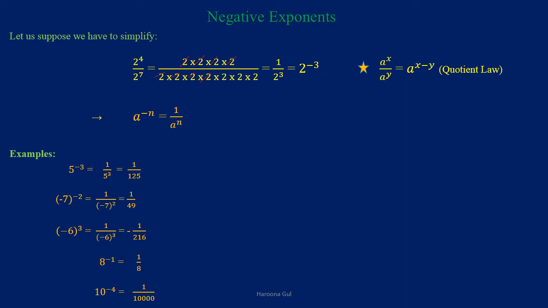Since the base has an even exponent, the base will become positive when we simplify the expression. And -6 whole raised to the power minus 3 is equal to 1 over -6 whole cubed, which is equal to 1 over 216, and the sign will be negative because the base has an odd exponent.